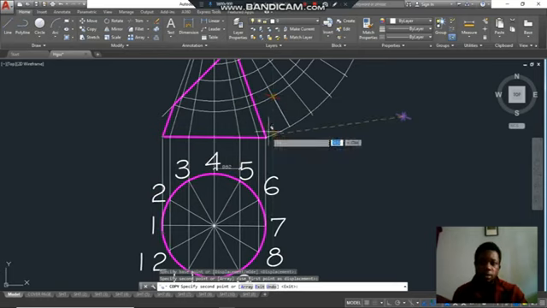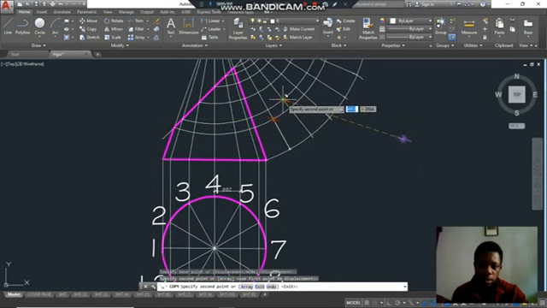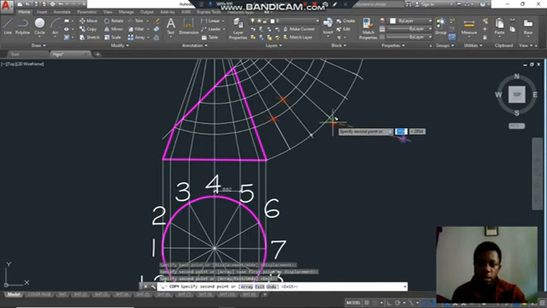Okay, now we have line 2 here, which is 2. This is arc 2. This is also line 2. Okay, they meet here. This is line 3. This is arc 3. Look at it here, 3. Okay, they meet at this point.